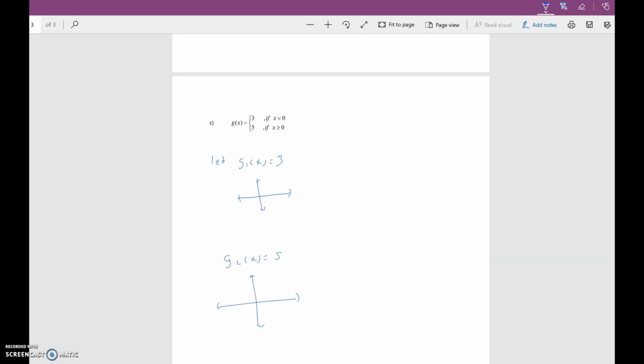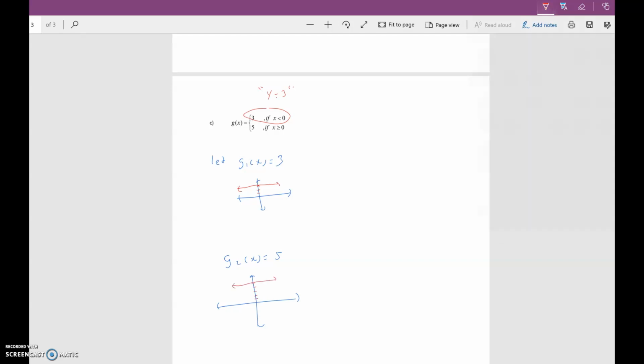All we're doing on these is basic sketches. Let's take a look at the first one. This is going to be 3 for x less than 0. Remember that this is just y equal to 3. That's what it represents as a function. So this is 1, 2, and 3. And then the next one is 5, so 1, 2, 3, 4, 5.